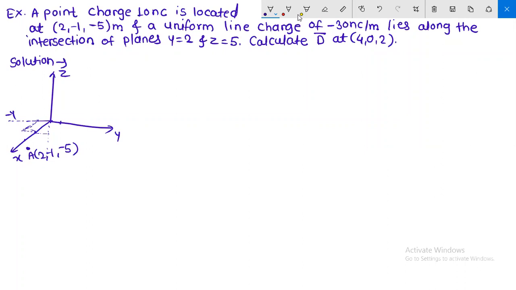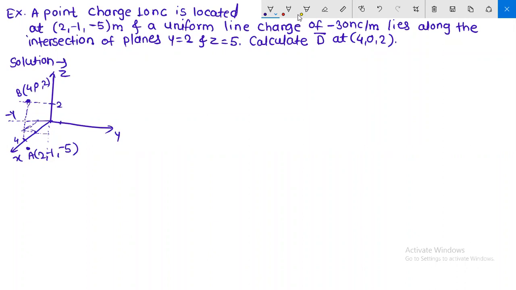So at z is equal to 2 and x is equal to 4, another point B is located having coordinates 4, 0 and 2.